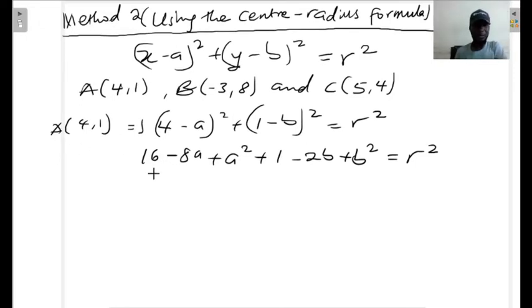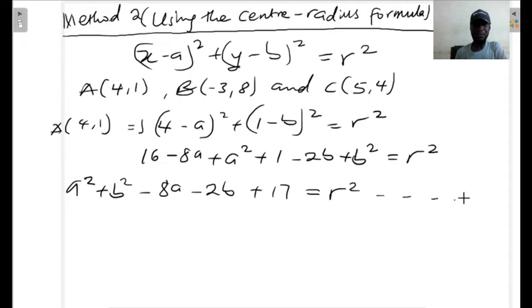Simplifying further and rearranging, we are going to have a squared plus b squared minus 8a minus 2b plus 17 equals r squared. This is equation 1.